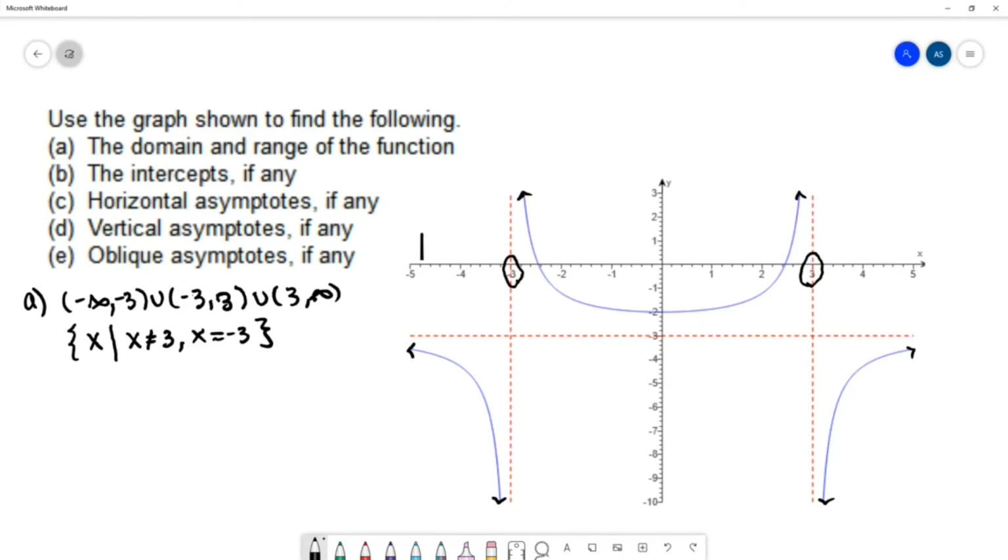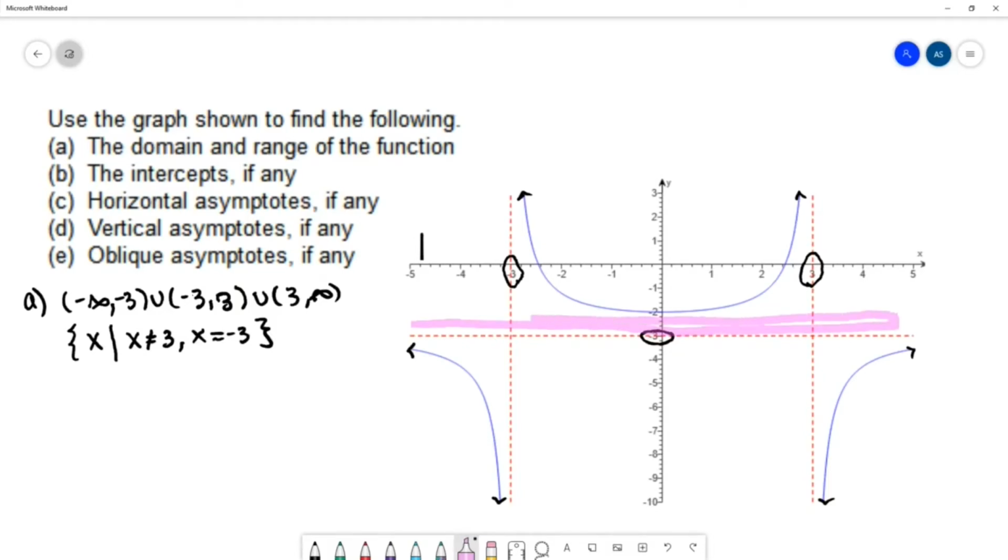For the range, we have this one horizontal asymptote, which is occurring at y equals -3. And we'll notice here that there's a gap in the y values.